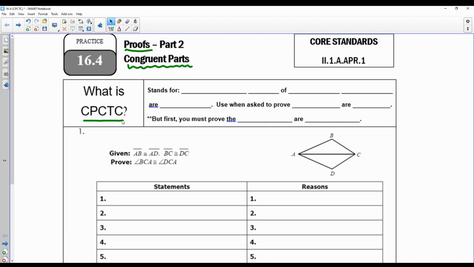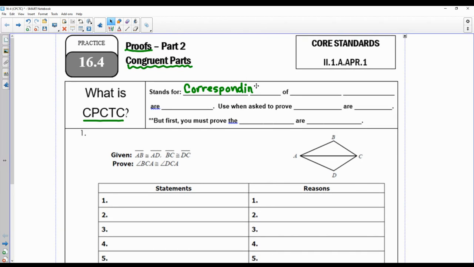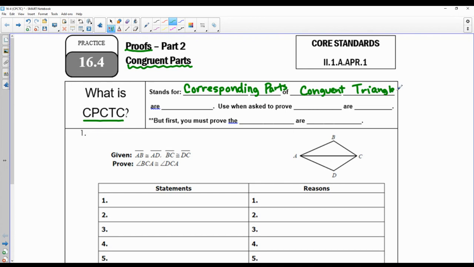Now this stands for, the first C stands for corresponding. And then the P stands for parts of congruent triangles are congruent.